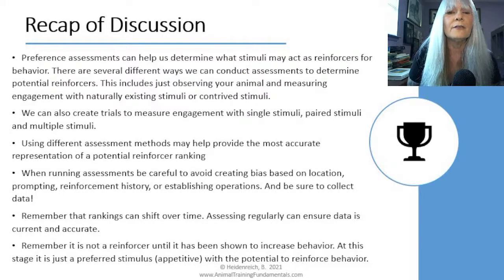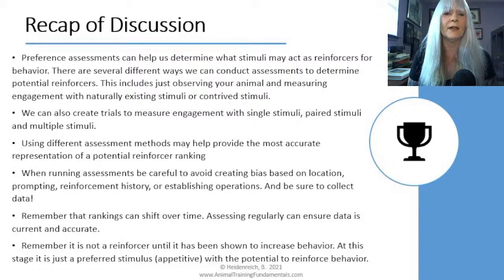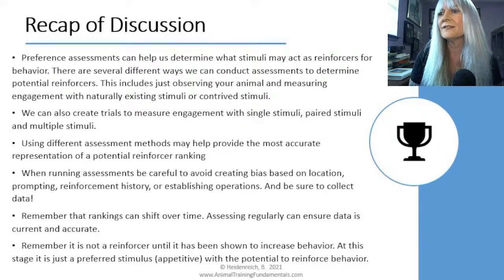There are several different ways we can conduct assessments. This includes observing your animal and measuring engagement with naturally existing or contrived stimuli. We can also create trials to measure engagement with a single stimulus, paired stimuli, and multiple stimuli, which is mostly what we focused on in this case.